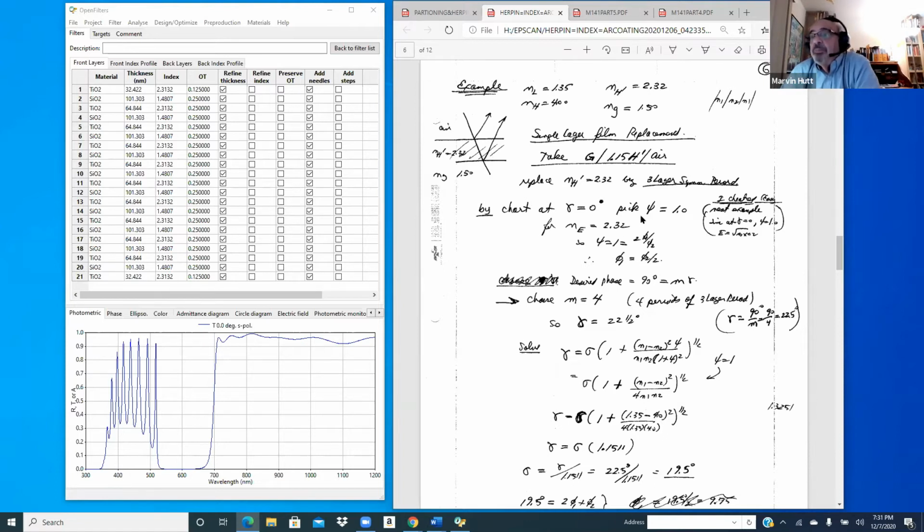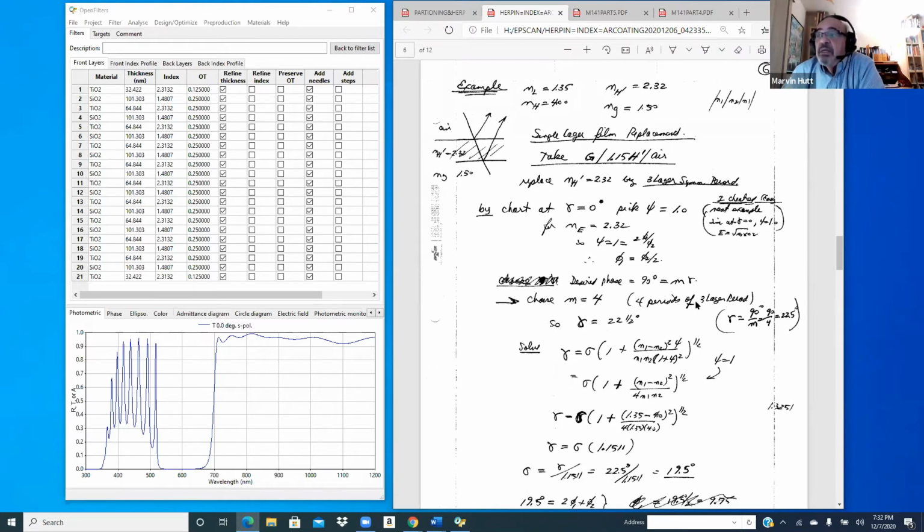So we pick at 0, psi is equal to 1, NE is 2.32, so psi is 2 phi2 over phi1, so phi1 is phi2 over 2. We want 90 degrees, so let's pick 4 repeats of this to make a quarter wave layer, all right? 4 times, so we got 4 times 22.5 degrees.